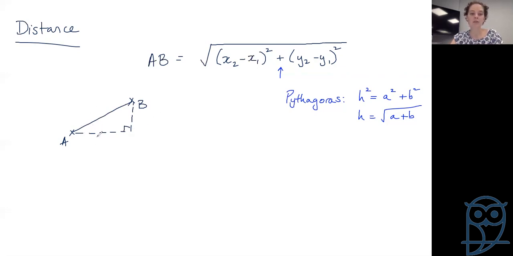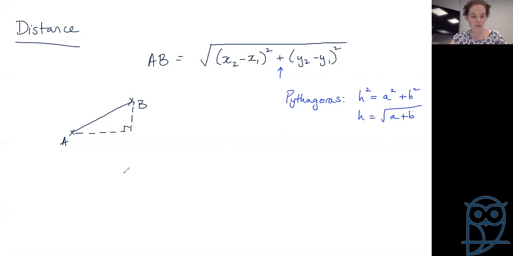To get this side at the bottom, we'd need the difference between the x coordinates. To get this side on the side, we'd need the difference between the y coordinates. So that's why we have x difference squared plus y difference squared, and then we square root the whole thing because we want length. Okay, so that's your distance.